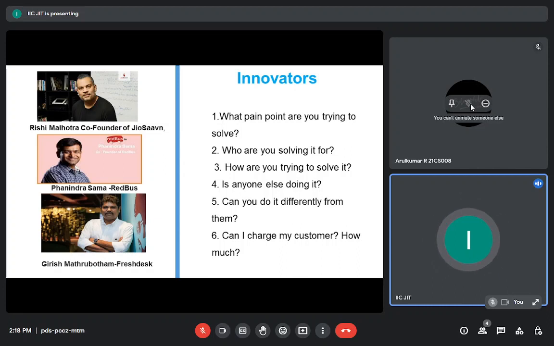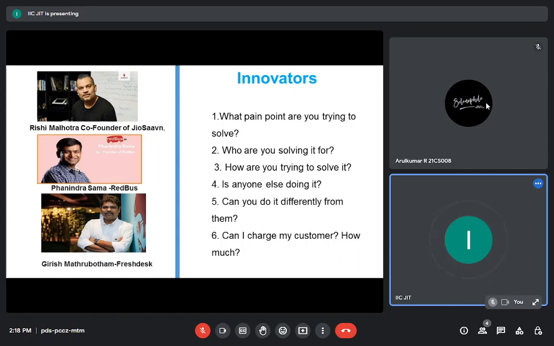You are not an inventor. You will become an innovator. So what are all the things you have to know? First point, identify the pain points. Second point, who is your targeted customer? Third point, who are the other people trying to solve the problem?